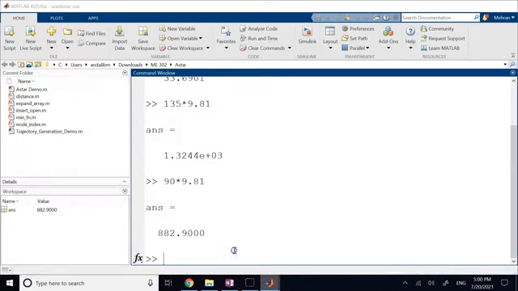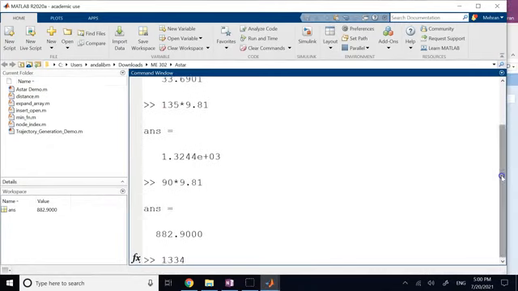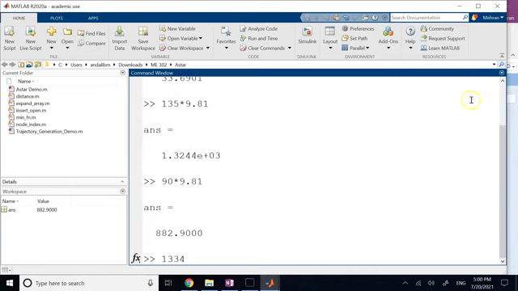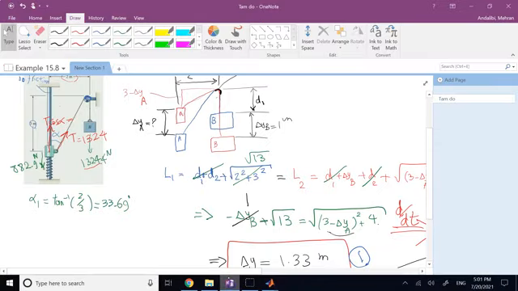We are going to use 1334, correct, which is the number that we had up here, 1324, and then multiplied by cosine of the angle, which is 3369, and you see, yes, it is going to be 1101.6.